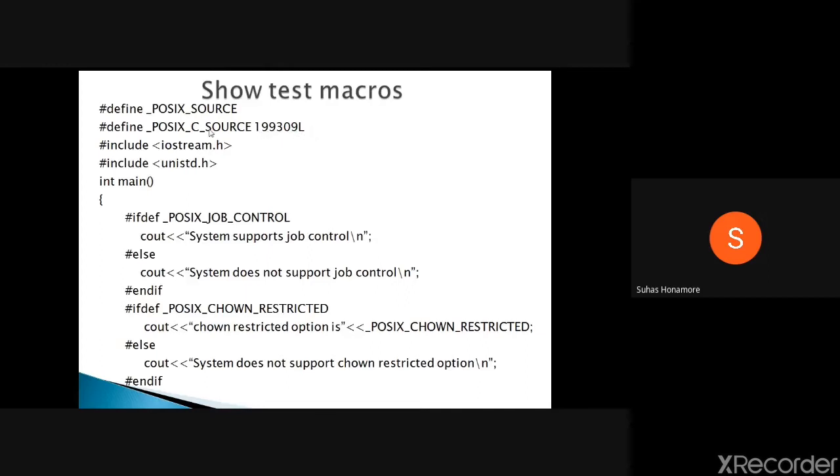So we're going to compile for that year and that month. Then we include two header files: unistd.h and iostream.h. Okay, iostream.h is for cout, and unistd.h is for these macros that we are going to use.